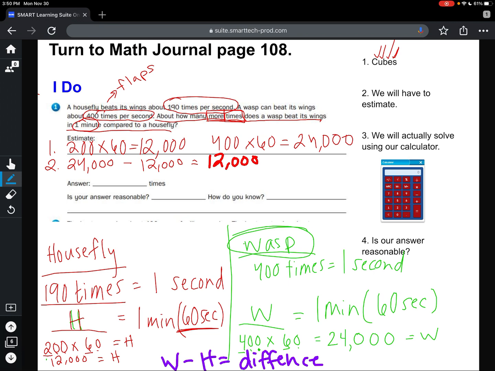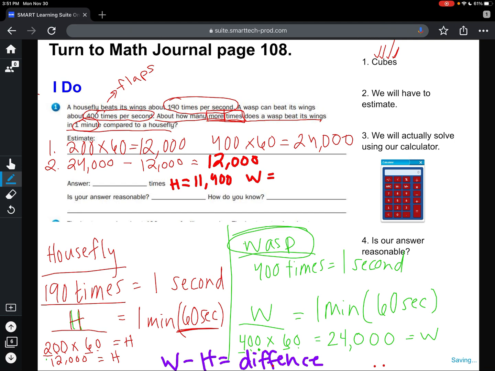So in my calculator, I would first type in to figure out the housefly. The housefly will be 190 times 60, which gives me 11,400. And then my wasp would be the same that we originally started with because we didn't have to round that.